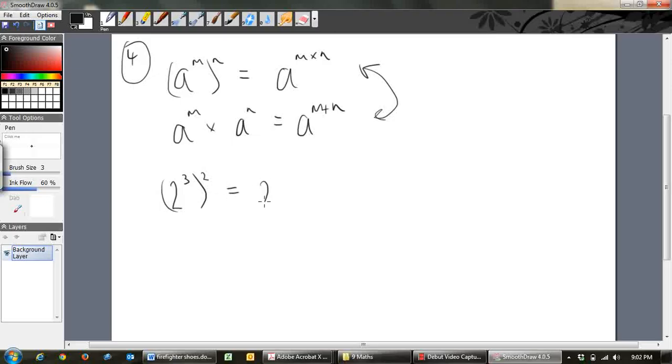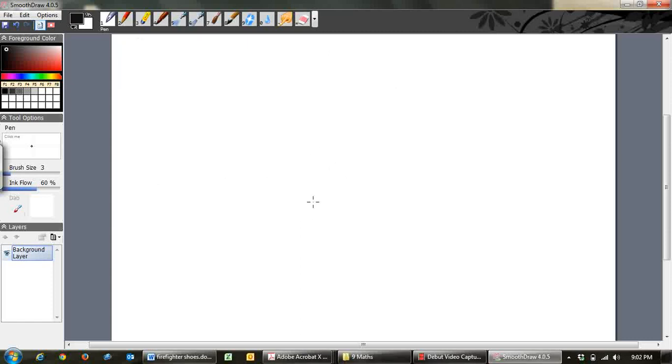This means 2 cubed times 2 cubed, because we're squaring what's inside. So this is equal to 2 times 2 times 2 times 2 times 2 times 2. How many 2's do you get? 2 to the power 6, which is 2 times 3. That's why it works.